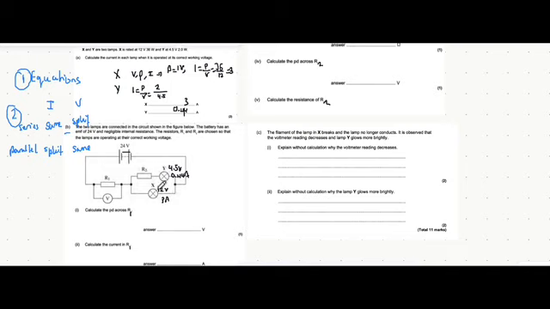Well, through the bottom there's 12 volts, we know that already. And we also know that in parallel the voltage is the same, meaning that in the whole top of the junction there's also going to be 12 volts. So let's write that down.